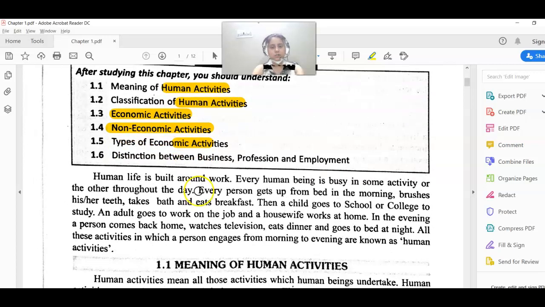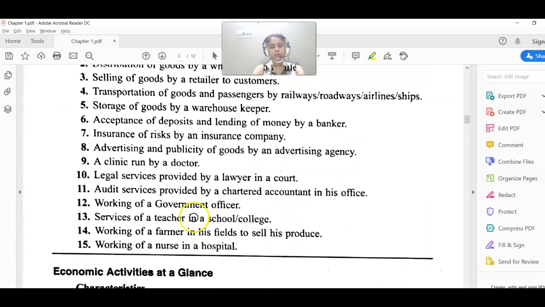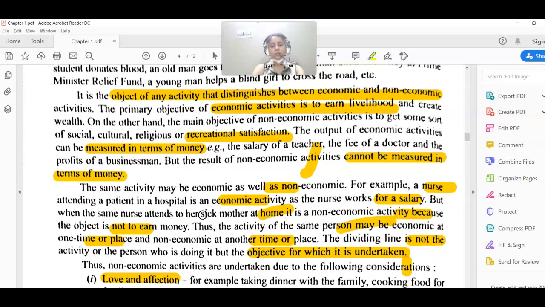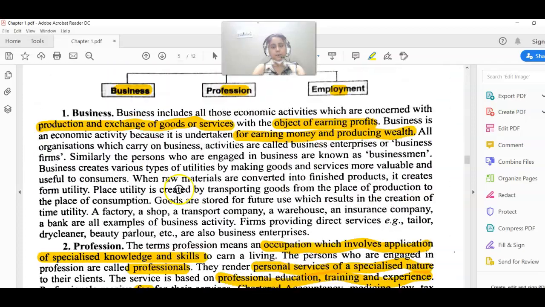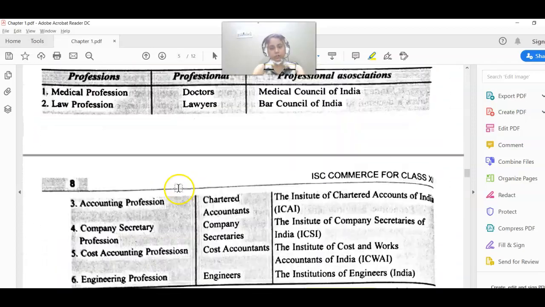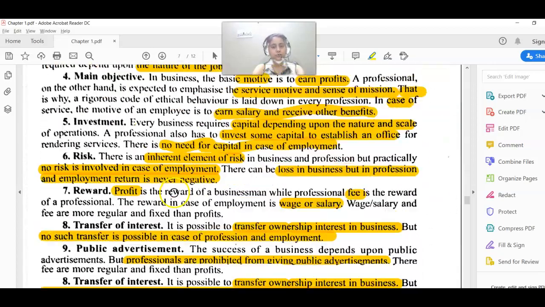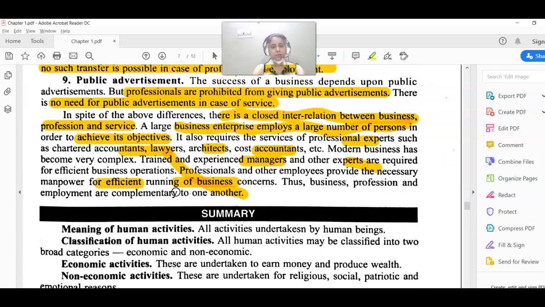Then we did distinction. You should at least read this whole chapter from your book at least 2 to 3 times, and do make sure that you use all these highlighted words in your answers. Only then you can expect really good from this subject. It is important for you to frame very nicely. It is important for you to write all subheadings.